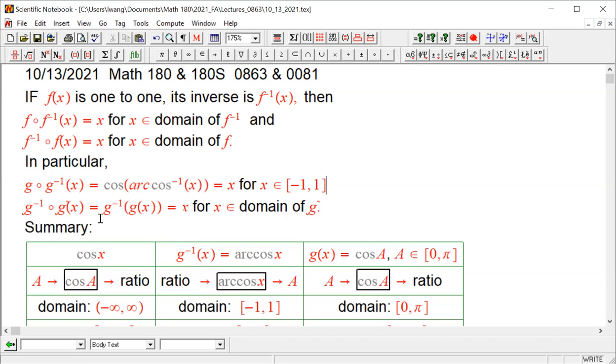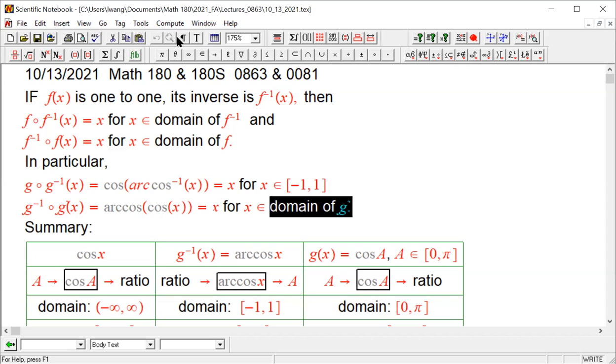Do you follow me? For G inverse, this is our cosine, and G is a cosine. And this is true for X in the domain of G. What's the domain of G? 0 to pi. This is how we phrase the otherwise specified.